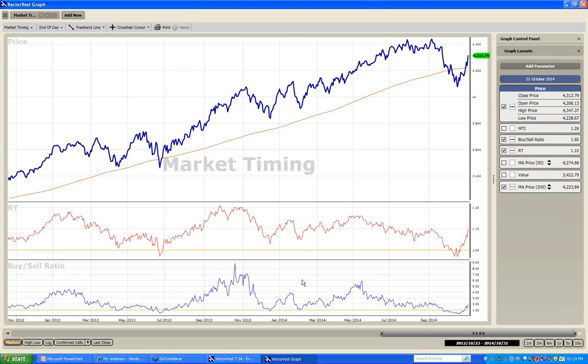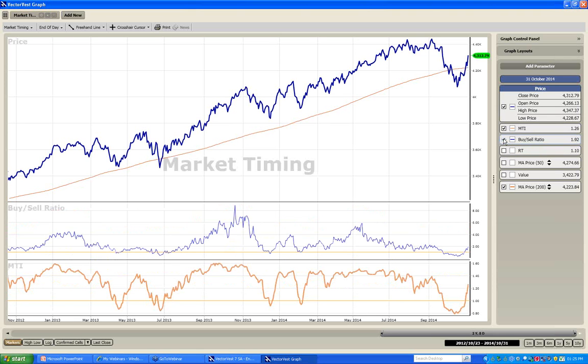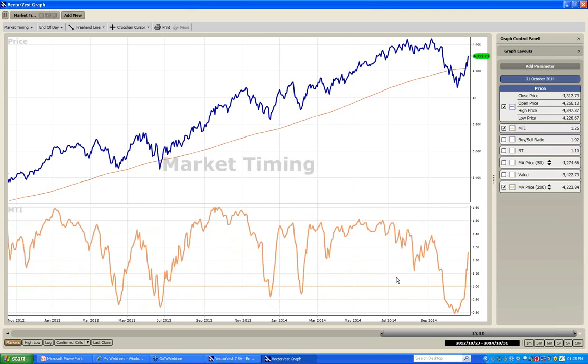But what he does is that he's put the RT, or the momentum of the Vectorbased composite, and the breadth of the Vectorbased composite together into the one indicator called the MTI. And I'm going to now get rid of the RT because we don't need it. I'm going to get rid of the buy-sell ratio because we don't need it. And as you can see, there's the MTI.